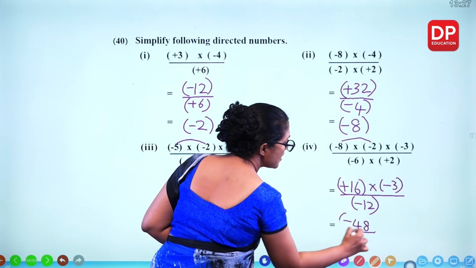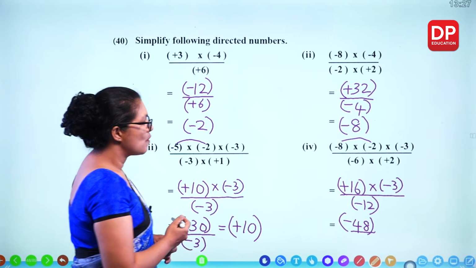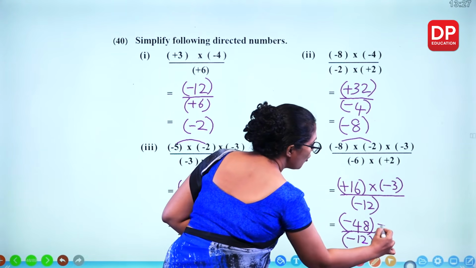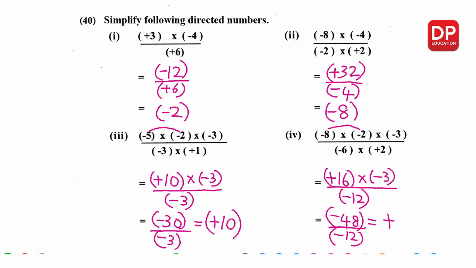That's negative because one is positive and one is negative. Now divide by minus 12. Both negative. Answer is positive. 48 divided by 12 is 4. So you get plus 4 as the answer.